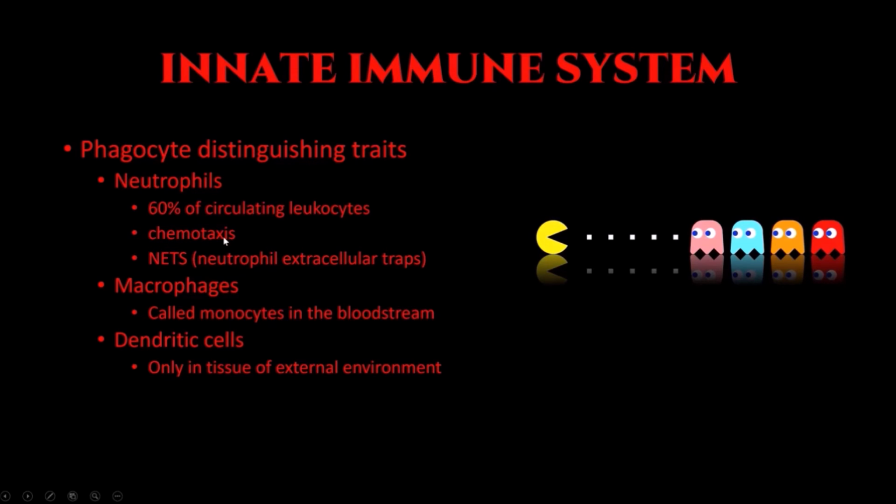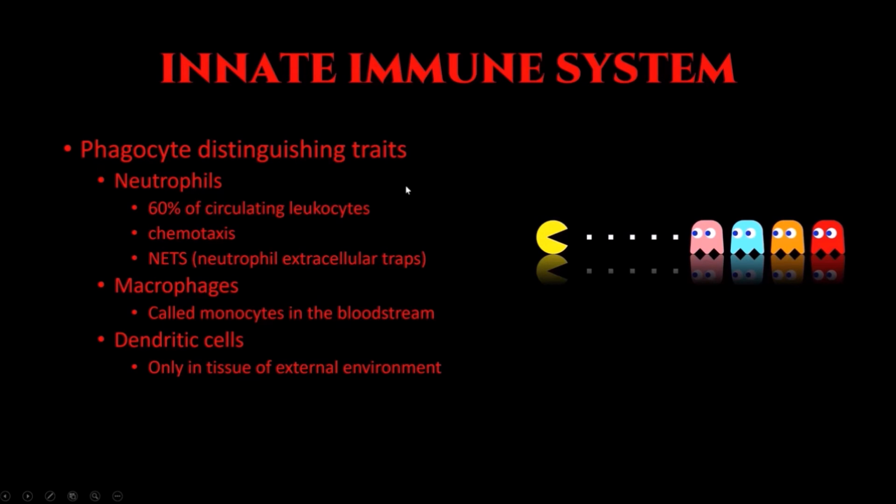They use a process called chemotaxis to search out different pathogens, and what chemotaxis means is it follows a gradient of a particular molecule, kind of like breadcrumbs, to find a particular pathogen. So just like Pac-Man here, it'll follow breadcrumbs to that pathogen. It will flow from a low concentration of that particular molecule to a high concentration of that particular molecule, which will lead it to the pathogen.